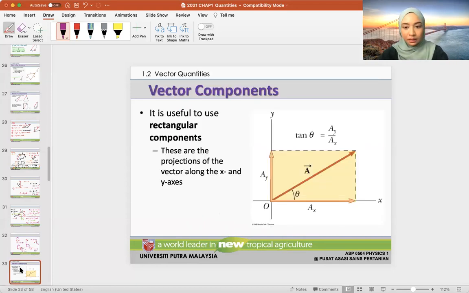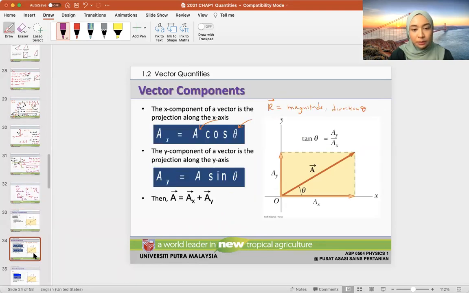Okay, let's go back and do a little recap of what we have learned so far. We talked about this equation, right? So x component, we can find it by multiplying the magnitude with cosine of its angle. The angle is with respect to the x-axis. So this becomes positive theta. If your angle is over here, it becomes negative theta.